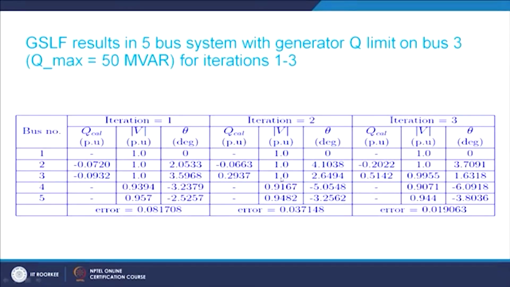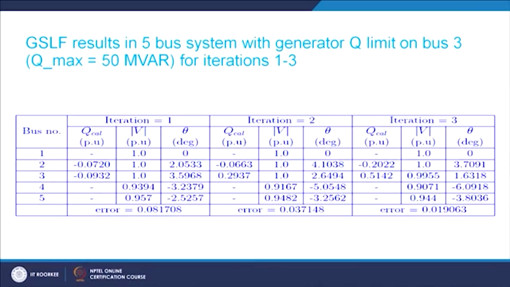In the first two iterations the bus voltage magnitude at bus 3 is maintained at 1.0 per unit, but at iteration 3 it has reduced from 1 to 0.9955 per unit. The angles etc. are being calculated, and errors are also getting reduced.